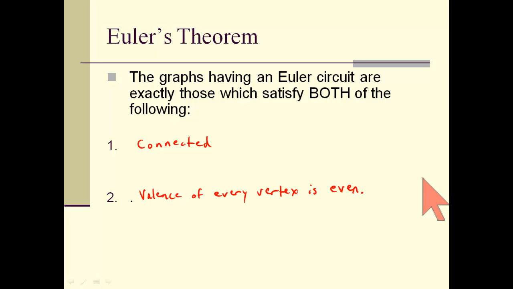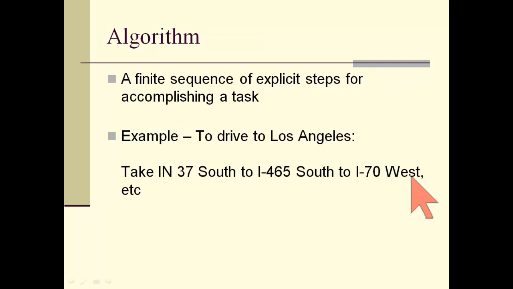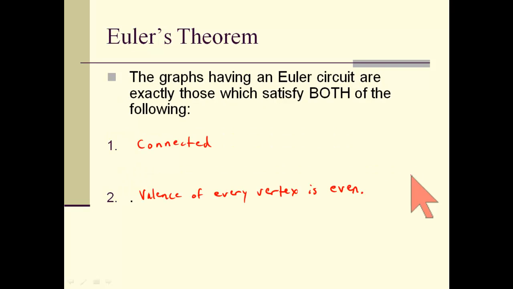And if the valence is, for example, 4, I'll come in on the third edge and I'll leave on the fourth edge. But if I have a valence like 7, then I don't have pairs to arrive and leave upon, and that graph would not have an Euler circuit. So to summarize, the graphs that have Euler circuits are exactly those that are both connected and have every vertex with even valence.